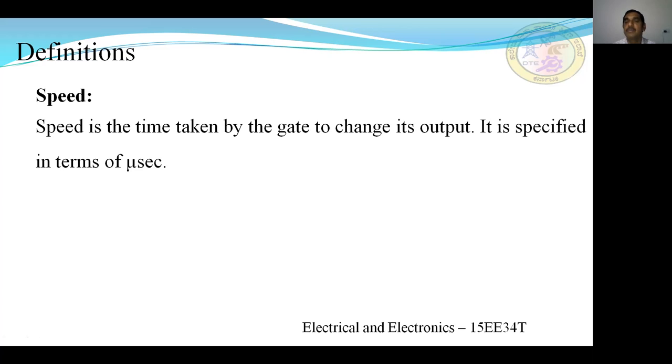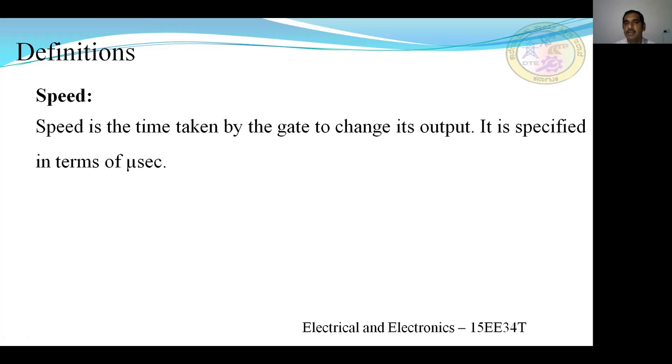You have already seen this definition in propagation delay. There also we talked about speed. If the propagation delay is less, speed will be more. If the propagation delay is more, speed is less.